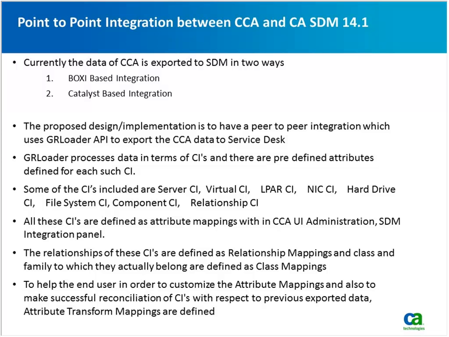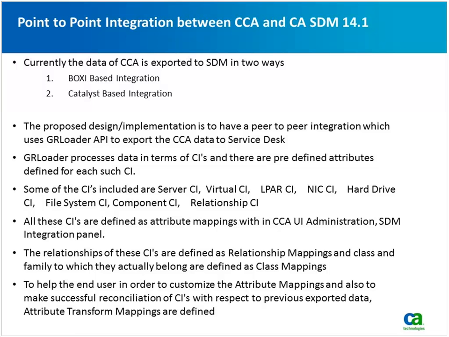Now the data discovered in the CA Configuration Automation product is in the form of managed target servers, by discovering the software components and hardware, network, and storage details. Each of these details is known as a configuration item in terms of CMDB export.